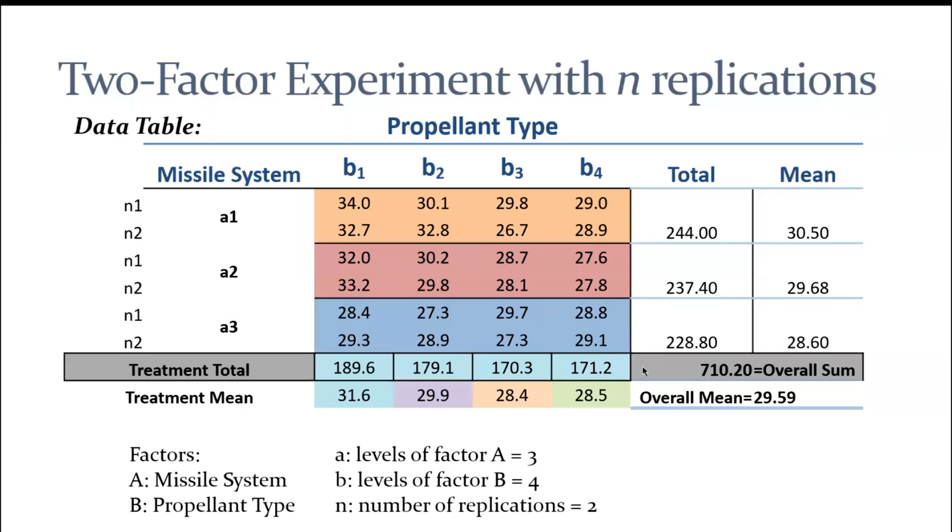So usually, pagka nagto-two-way ANOVA tayo, mas complicated siya. I've shown an example na complete block design wherein meron lang tayong one replicate, and we thought of the replicates as the blocks, but each replicate was arranged per block. Okay, pero dito sa two-way ANOVA, we are considering the quote unquote blocks as another factor, no?